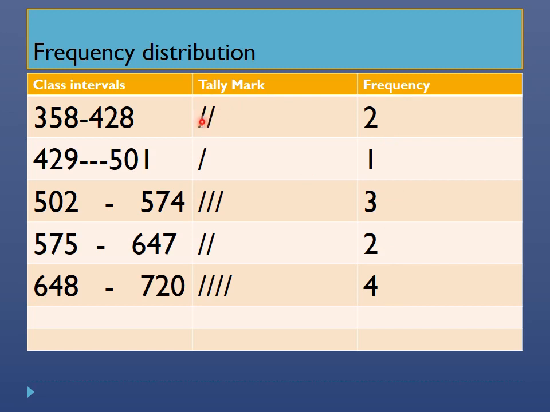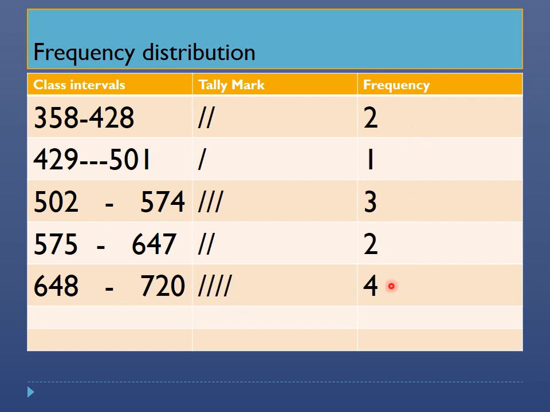Tally marks. This is one mark. How do we mention it? If there are 2 values, we write 2 slanted lines. For 1 value we mention 1, for 3 we draw 3 lines, for 2 we draw 2, and for 4 we draw 4 lines. And suppose values are 5, then we write 1, 2, 3, 4, and draw a fifth line across them.